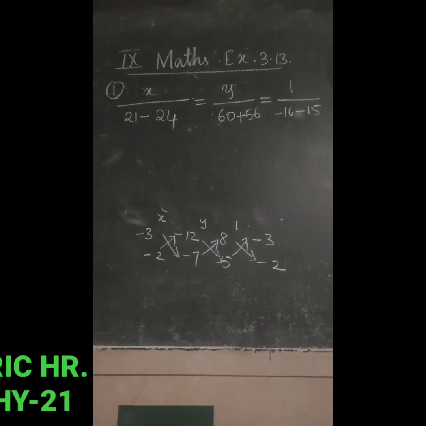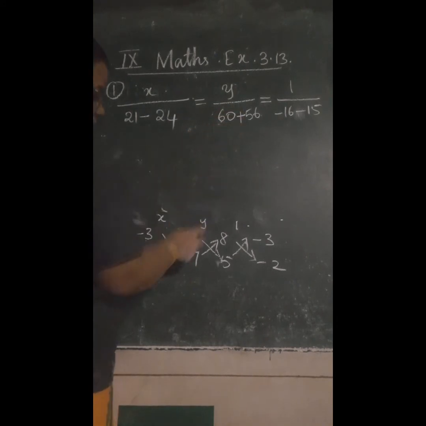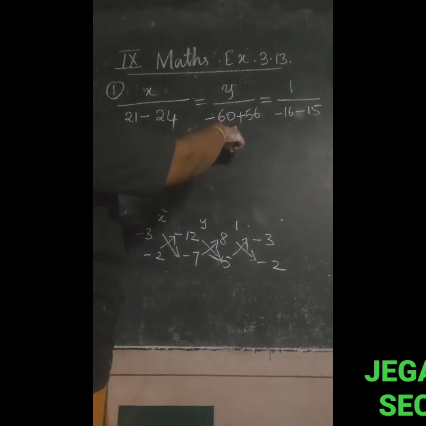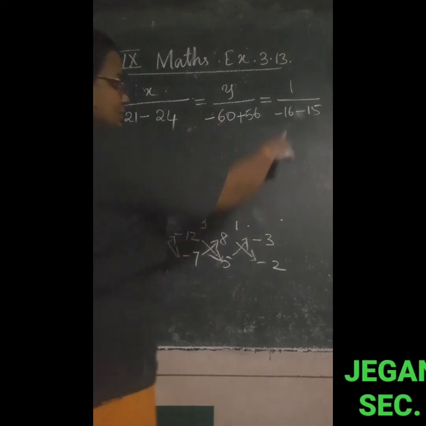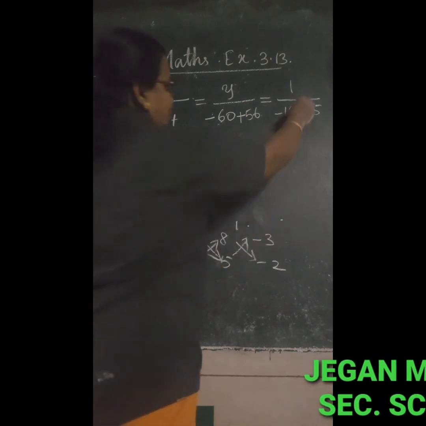Next one we will get 60 minus 60 plus 56. Y divided by 12 5s are minus 60 here, plus 56, and constant term minus 16, minus 15.